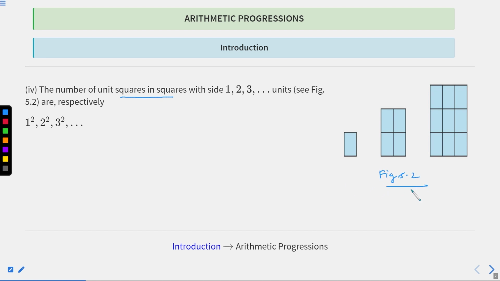If you see figure 5.2, the numbers of unit squares in the squares with sides 1, 2, 3, and so on units are respectively 1 squared, 2 squared, 3 squared, 4 squared, and so on.